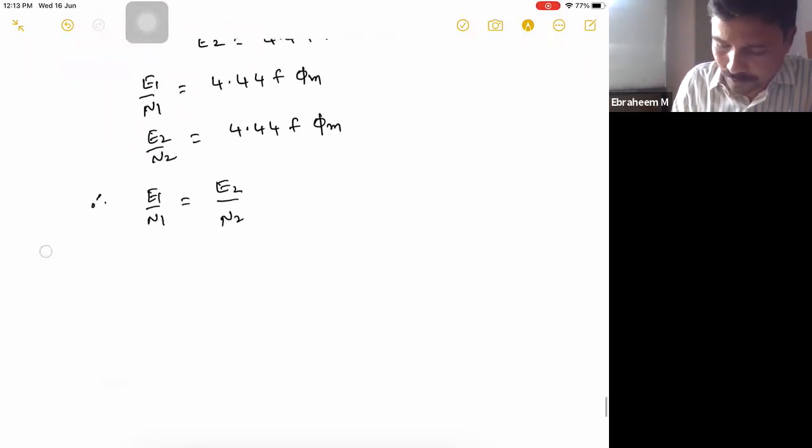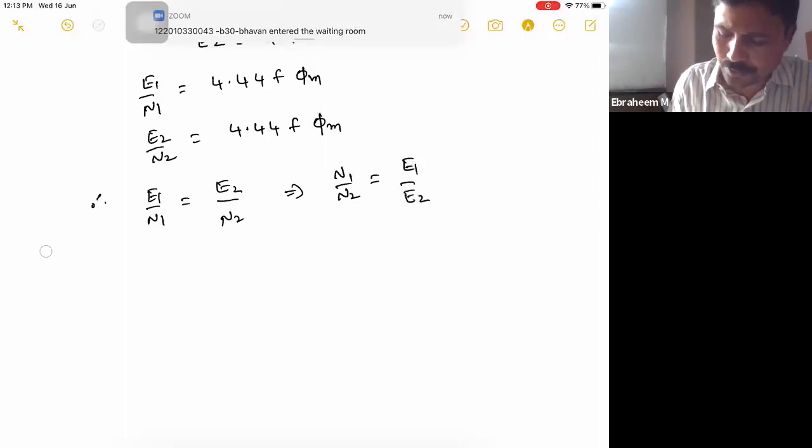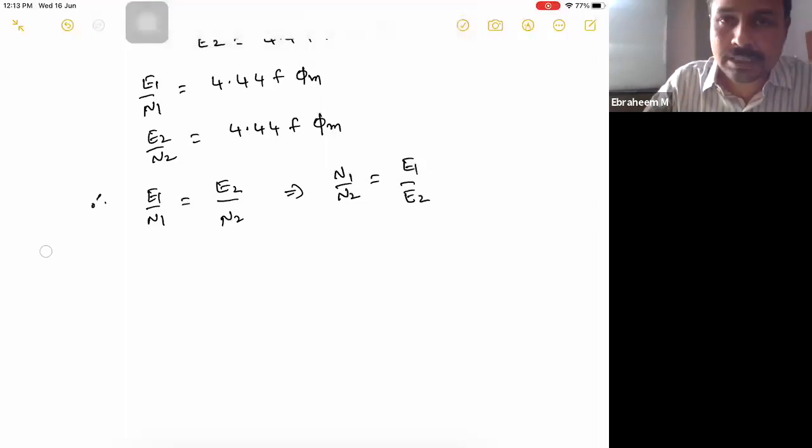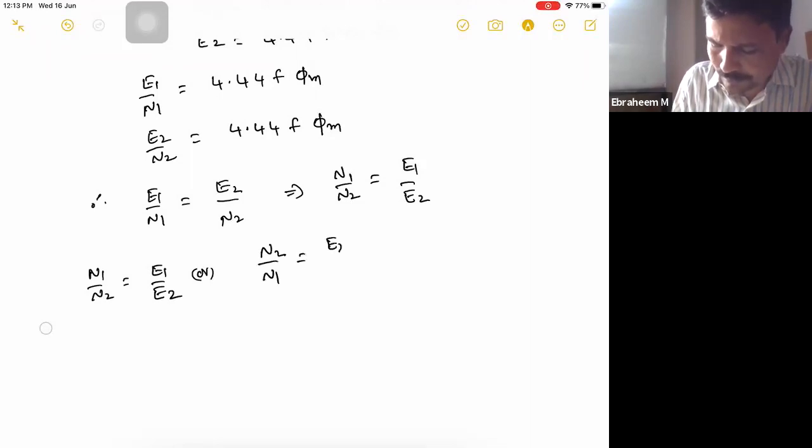That is written as N1 by N2 is equal to E1 by E2. Or in other words, N2 by N1 is equal to E2 by E1 is equal to K. So this is 1 by K, right?